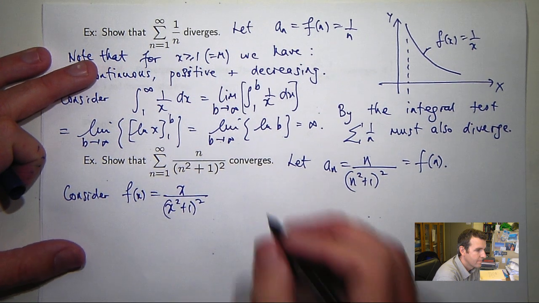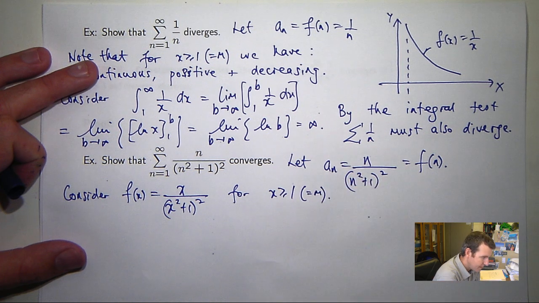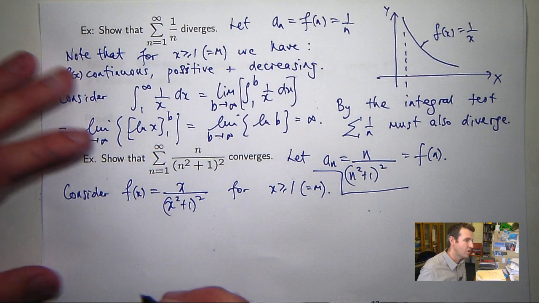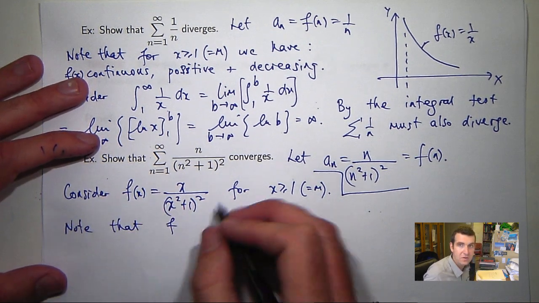Okay, so my function of x is just here, naturally extended the domain on that, and I'm just going to restrict my attention to the interval x greater than or equal to 1.